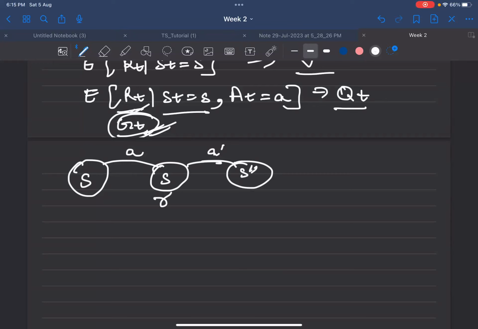This is basically Q_t. Now, after this particular state, in this state, what will be the particular action? What action should be taken to get the expected reward?